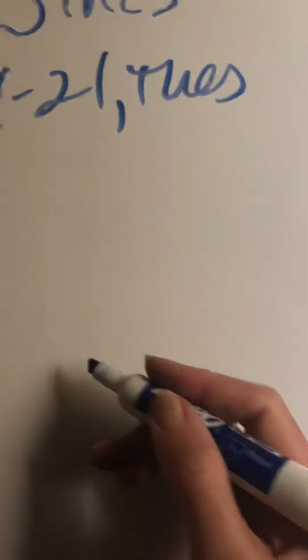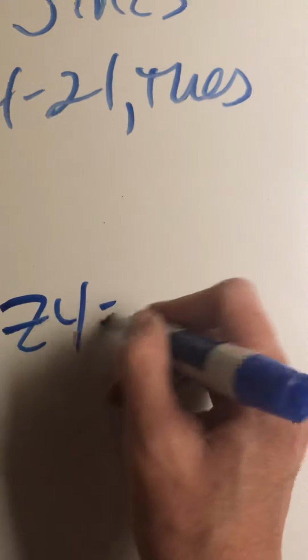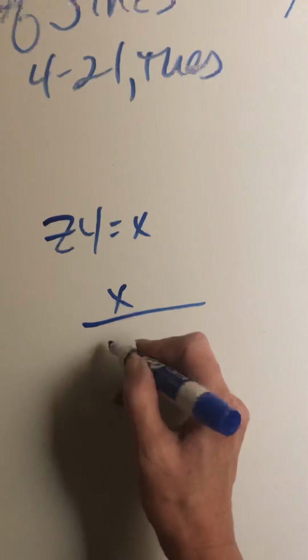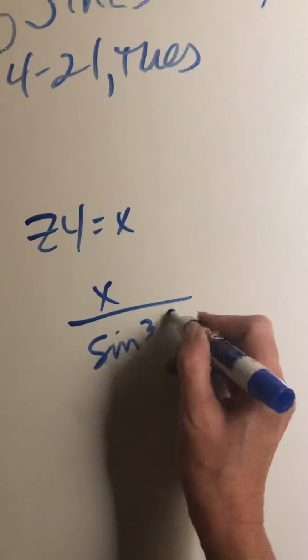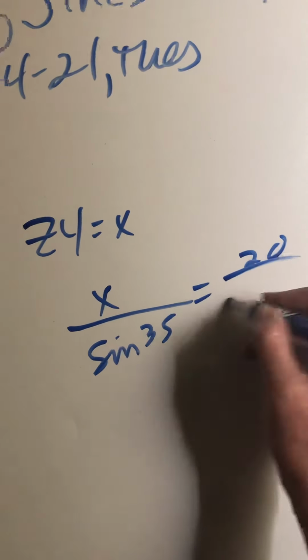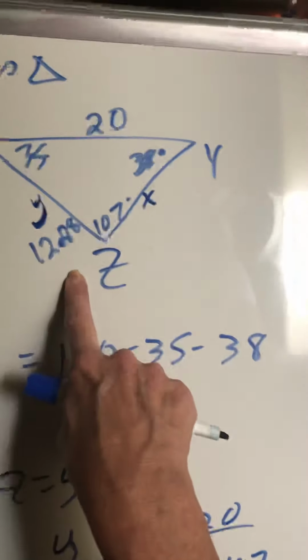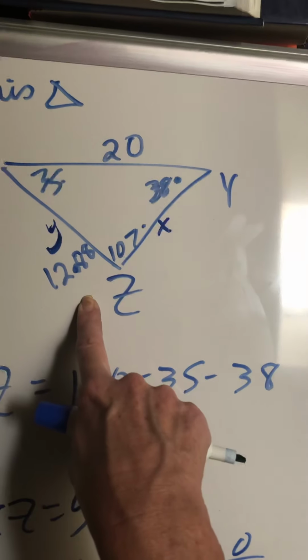So now I'm going to find X, which again is ZY. I'm finding ZY, but I'm going to call it X. X is across from 35, so sine 35. And then I'm going to use that 20 over sine 107 again, because I want to try not to use what I've just found and rounded.